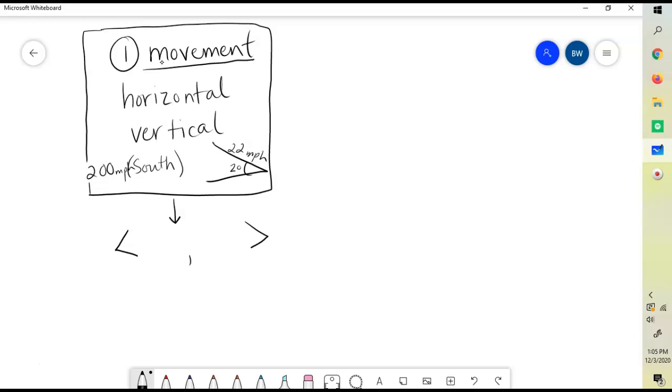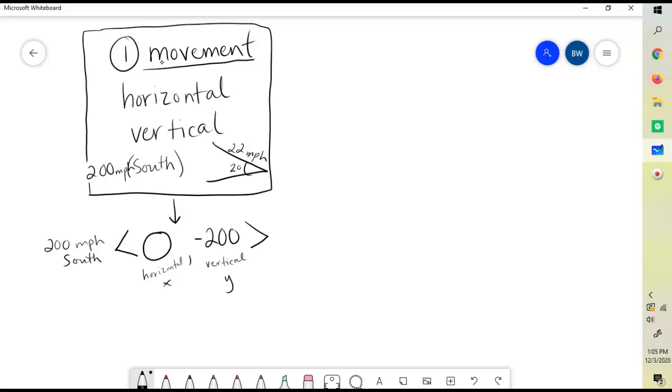So, for example, if you were talking about 200 miles per hour south, that is showing zero amount of movement in the horizontal direction, or the X. And then it is going to be in the Y direction, the vertical direction. Thinking about a compass, in the Y direction this is going to be negative 200.